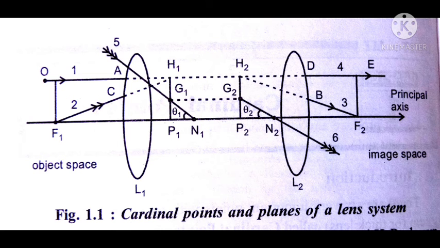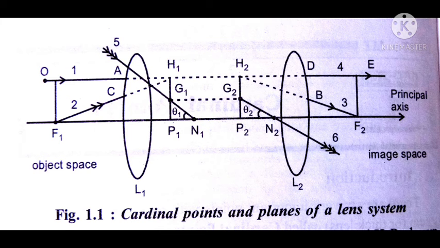On the side of L1, F1 is the focal point of lens L1, O is the object, and on L2 side, F2 is the focal point of lens L2, and image produced is at F2. Now there are some rays from point O.